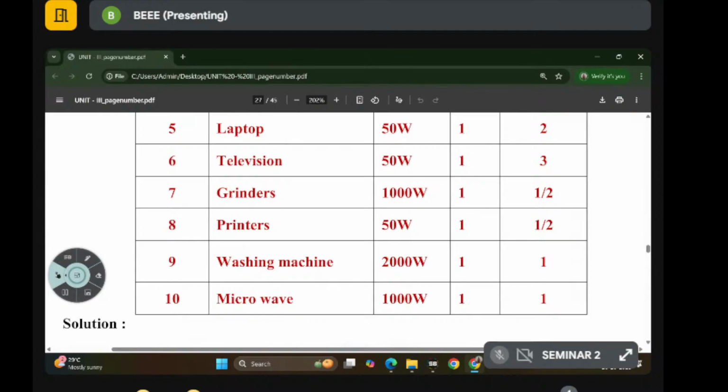Do you know? In Telangana, below poverty line families can use up to 200 units free of charge. No money. If it is greater than 200, they will charge some amount. That is given by the state government.